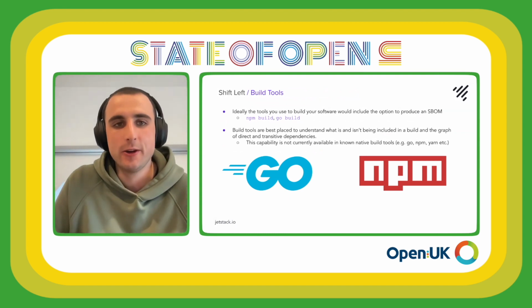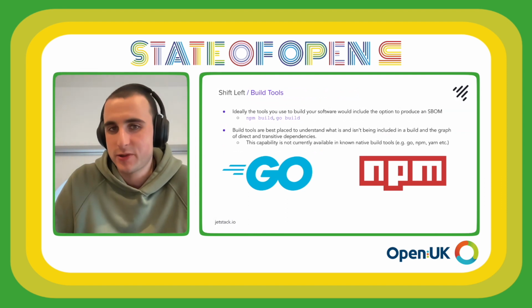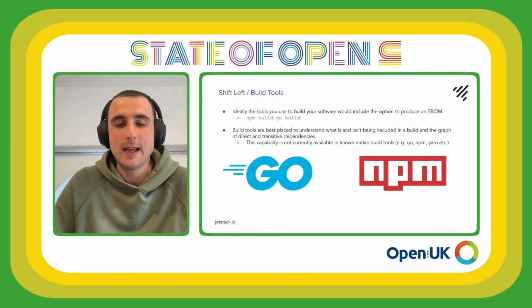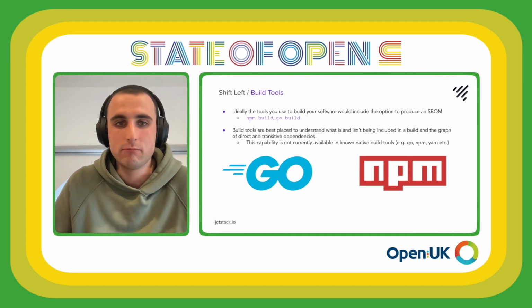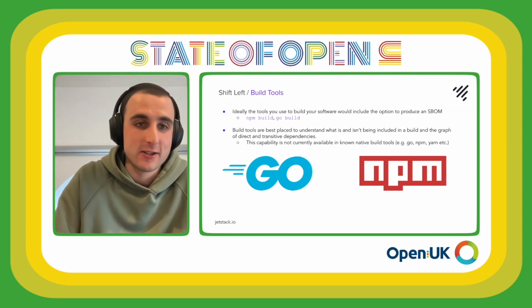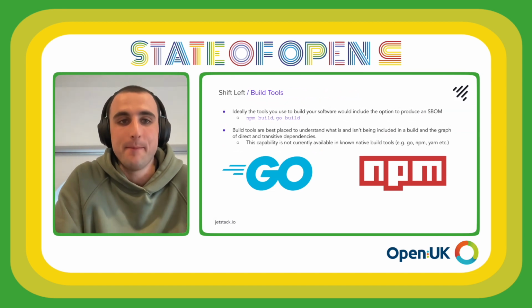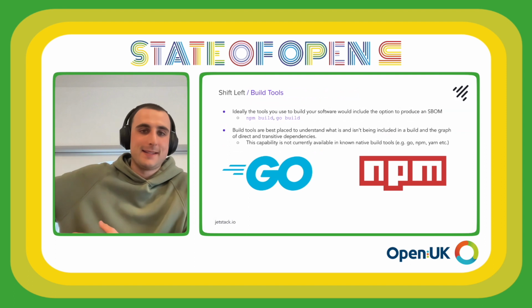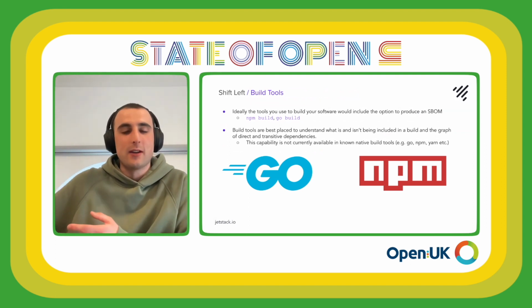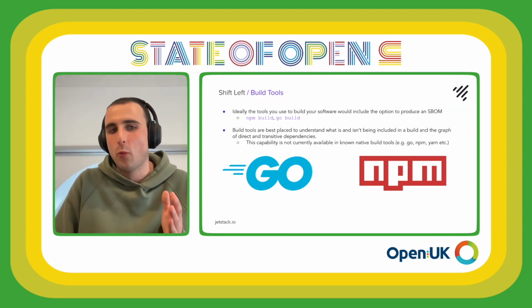Sort of. So ideally, the tools you use to build your software in the build pipeline would include the option to produce an SBOM. Just as an example, we'd have npm build and go build, and they just spit out an SBOM at the end, and it'll be magic. Well, that would be trusted magic. Why?